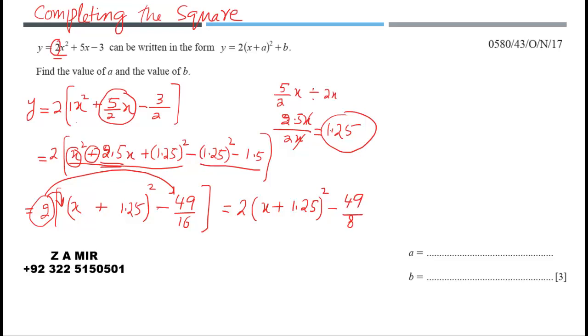Now I have converted this into this shape. Now by comparing, A is 1.25 and B is minus 49/8.